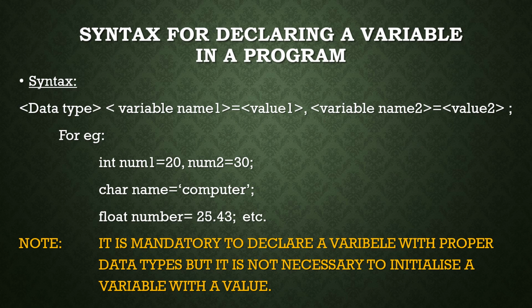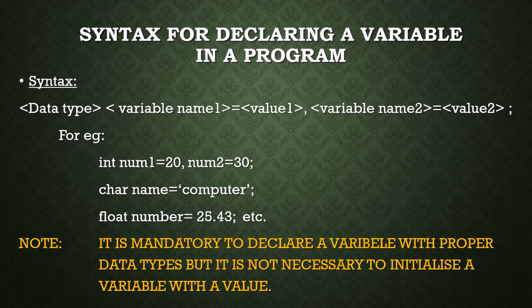Number three, until the variable is defined, the compiler does not have to worry about allocating memory space to the variable. Number four, declaration is more like informing the compiler that there exists a variable with the following data type which is used in the program. Okay?